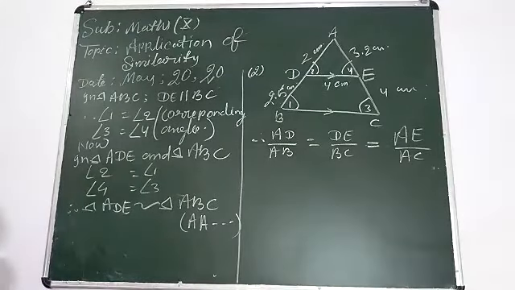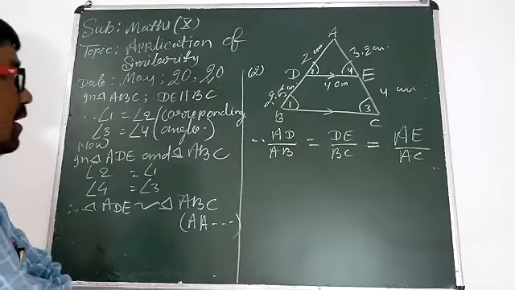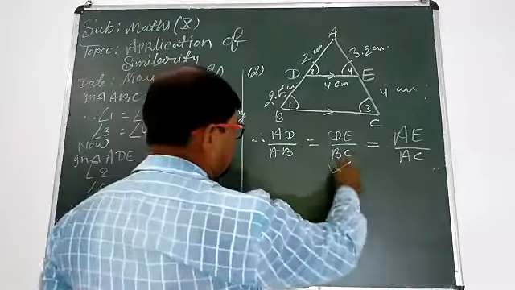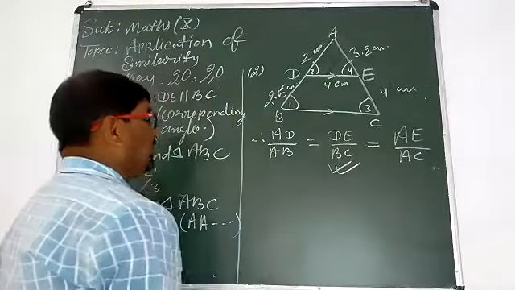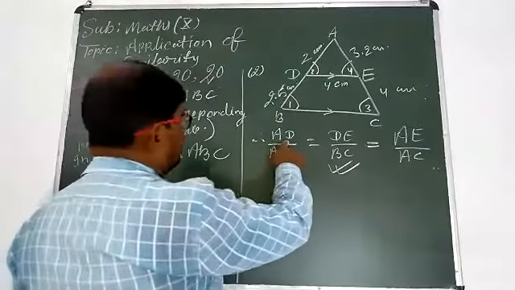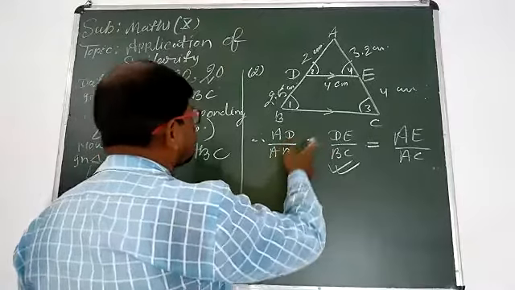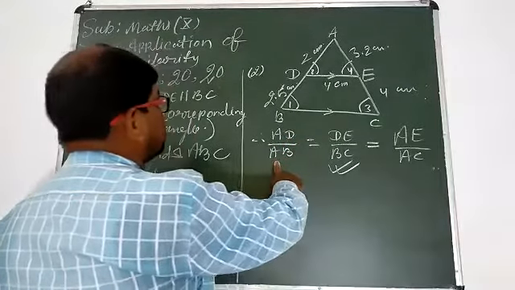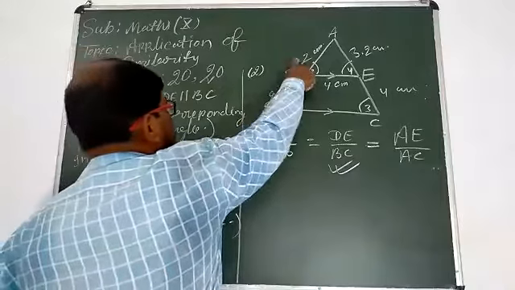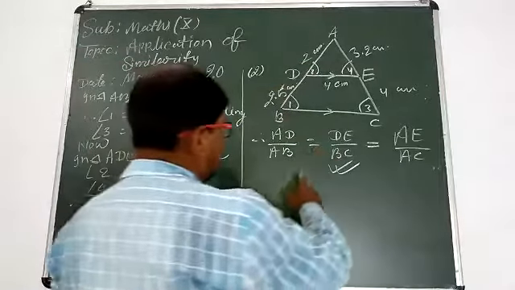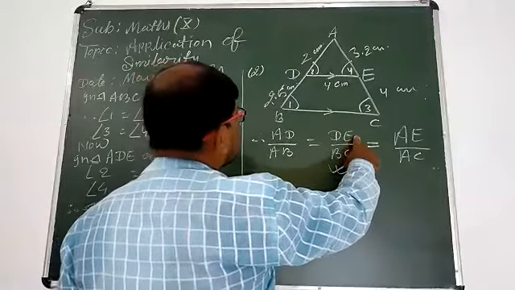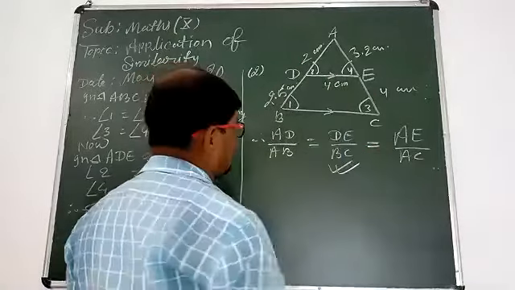Now your requirement is BC. Can you write the measurement of AD? Yes. Can you write the measurement of AB? Yes, because it is the sum of AD and BD. Can you write DE? Yes, that is given.